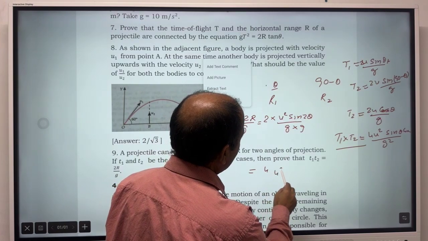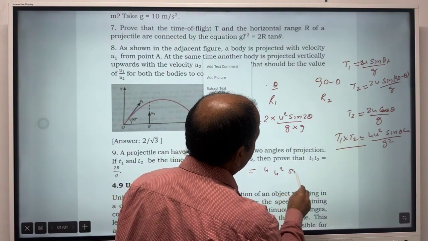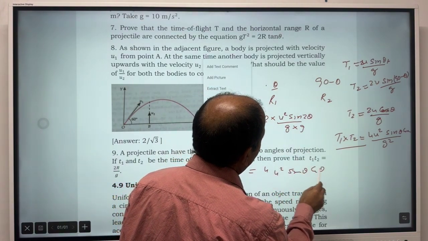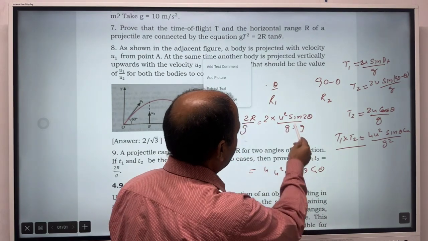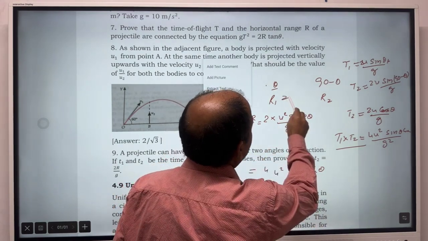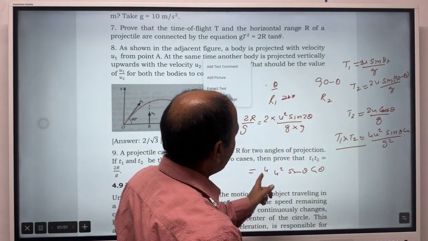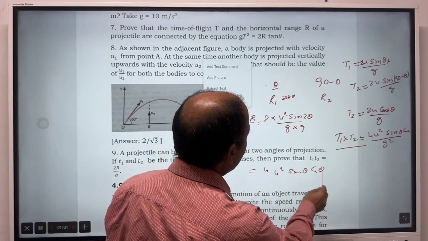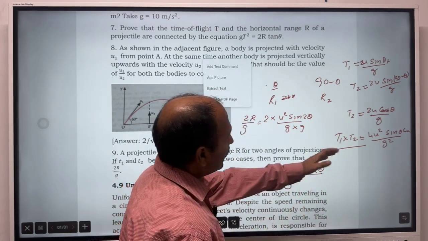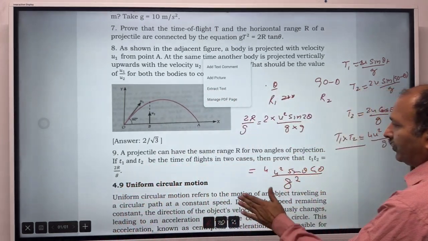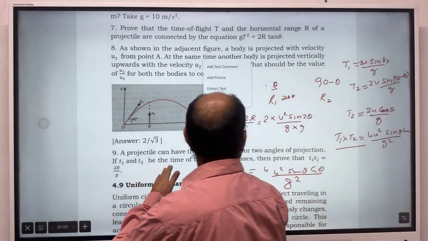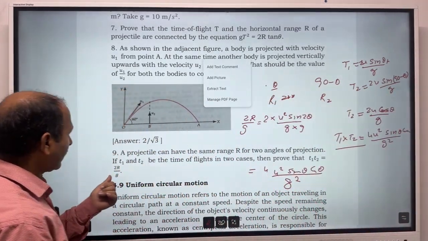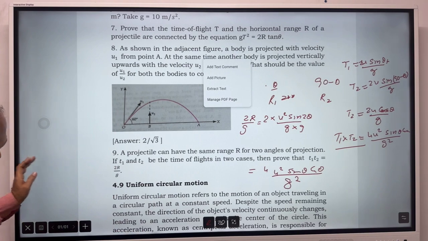So this will become 4u square, and this will become sine theta cos theta, because sine 2 theta is 2 sine theta cos theta, and with square that. So 2 sine theta cos theta whole square will give 4 sine square theta cos square theta upon g square. So both results are the same. So we have got this result, that t1 into t2 gives 2R upon g.